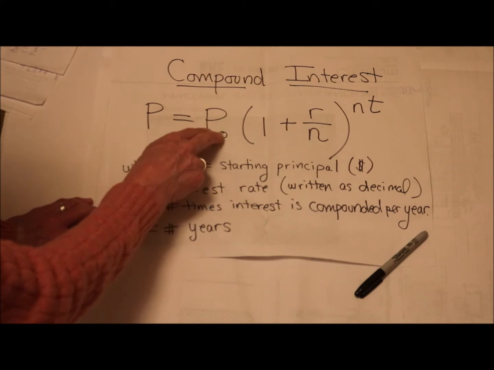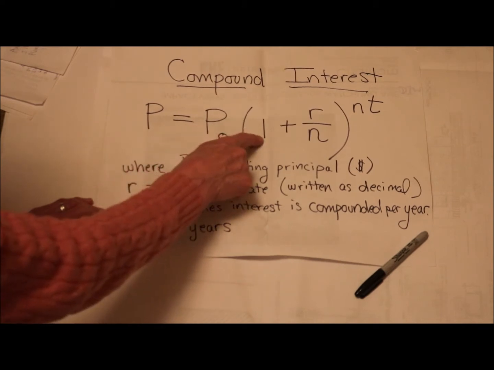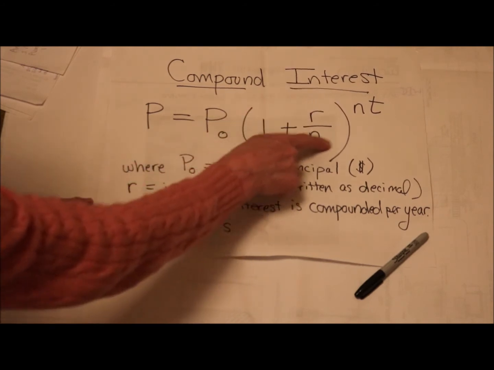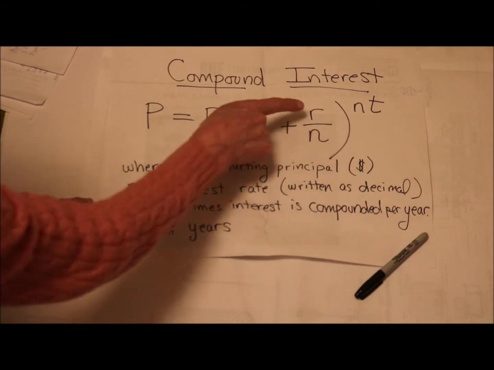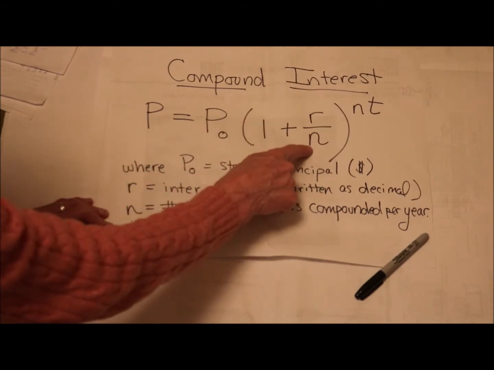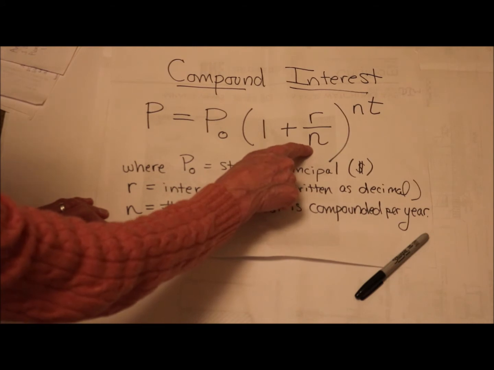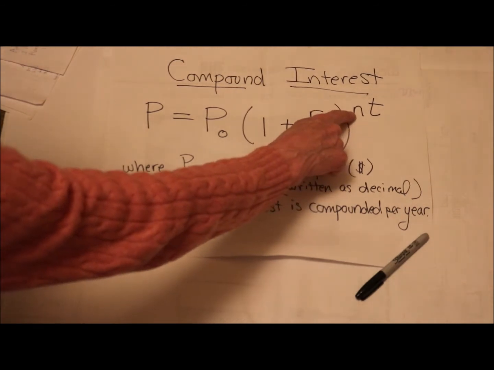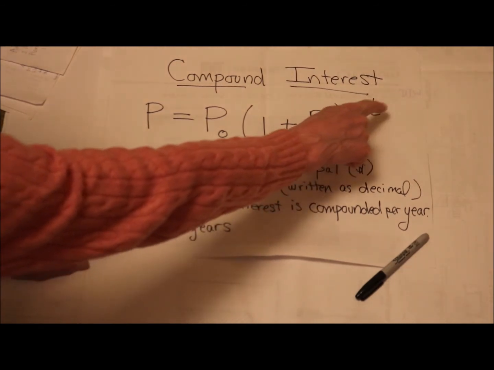We're multiplying the money we invest times 1, the decimal version of 100%, plus the fraction of the interest we get. R is your interest rate, N is the number of times they figure out the interest, or compound the interest, each year, and then you do that N times per year.